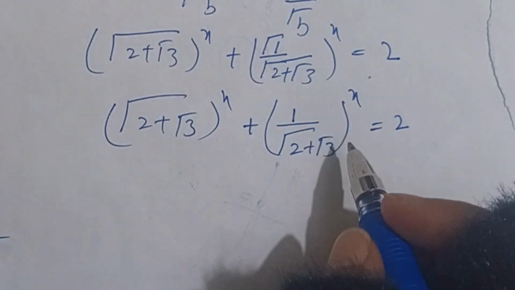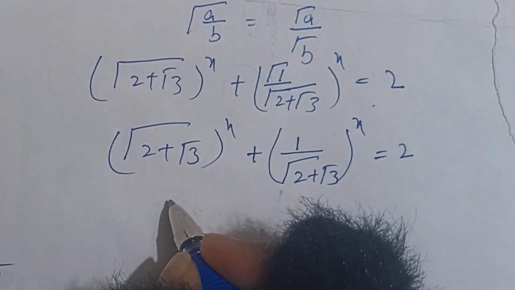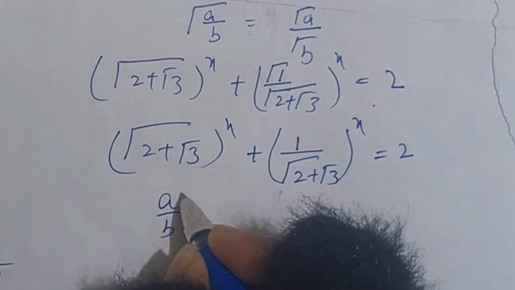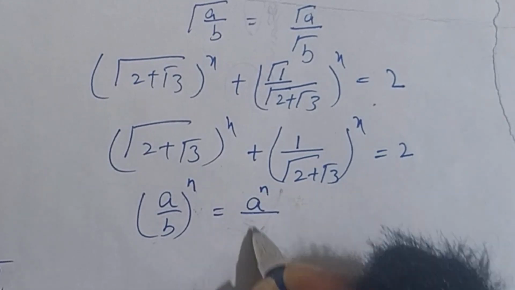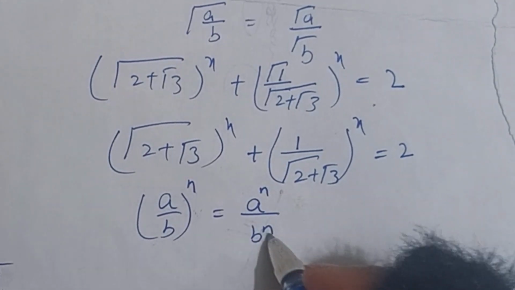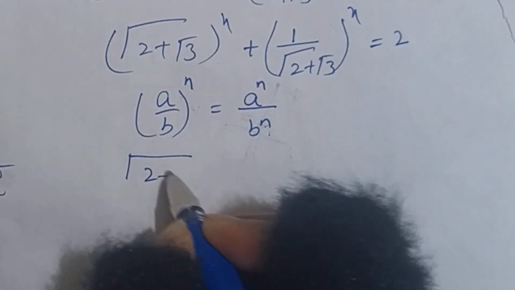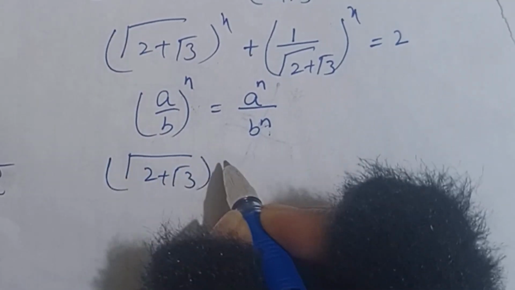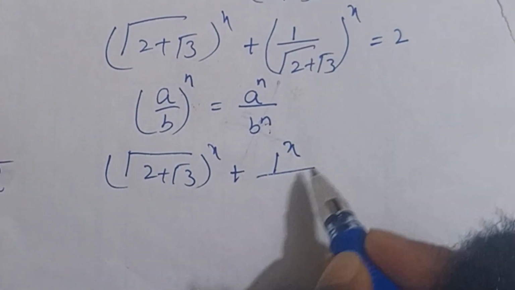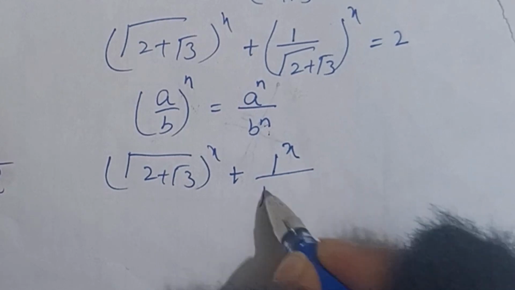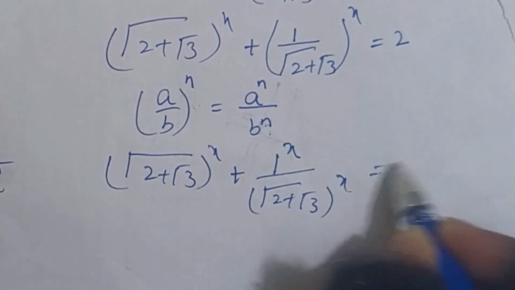In the second term, we apply our exponent property: (a over b) raised to the power n equals a^n divided by b^n. So the second term becomes 1 raised to the power x, over (√(2 + √3)) raised to the power x.